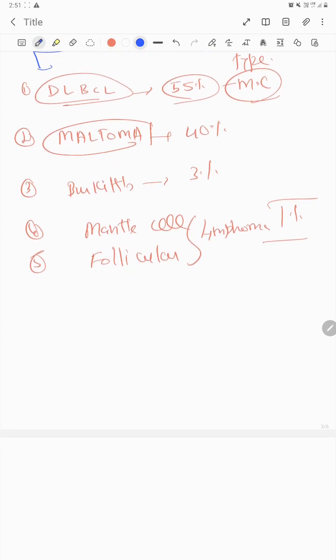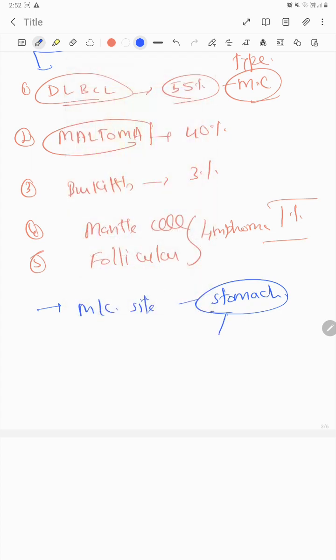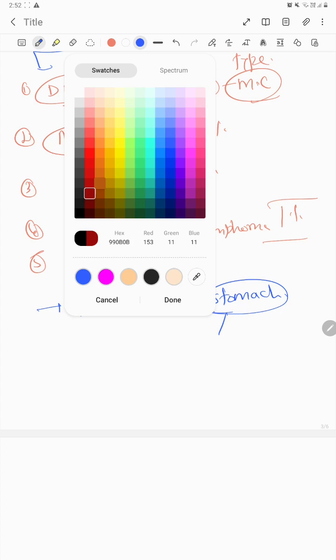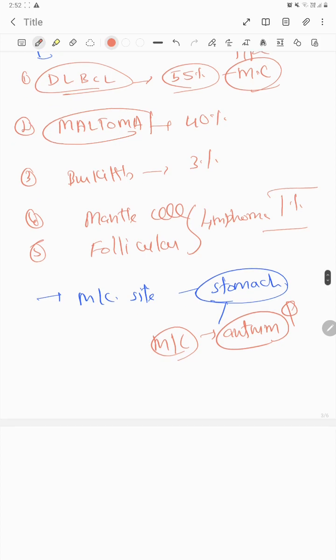So, some important one-liners you must know in GI lymphomas: first is, the most common site is stomach. In stomach, the most common site is antrum, but there is an exception for this.